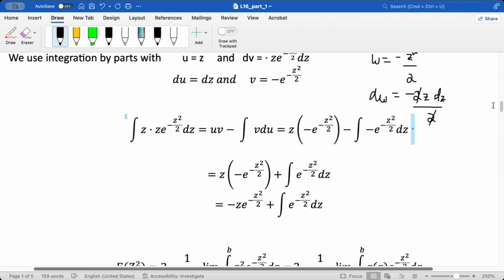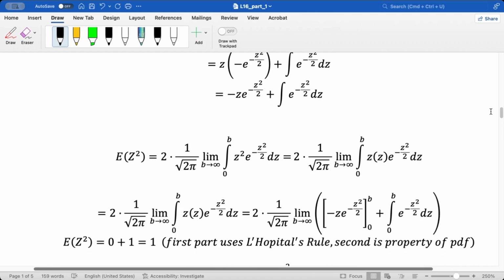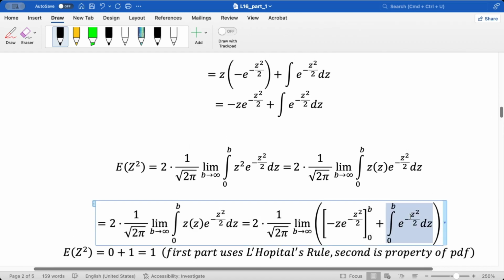And so that's how we arrive at the 1. This portion here is a density function together with its multiplier out front. So that's 1. And then L'Hopital's rule on this expression will give us a 0 when b goes to infinity, and when you plug in 0, you will also get 0 there.